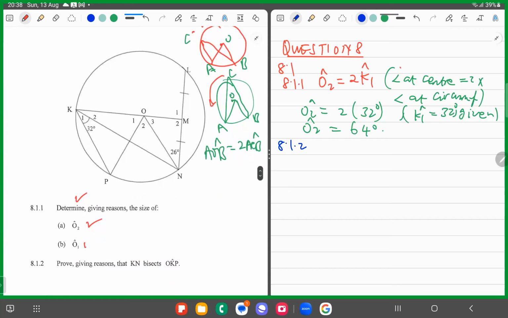What is angle O1? Determine, giving reasons, the size of angle O1. Okay, so O1 is an angle at center, and now we just need to find this angle O1. How do we get angle O1?